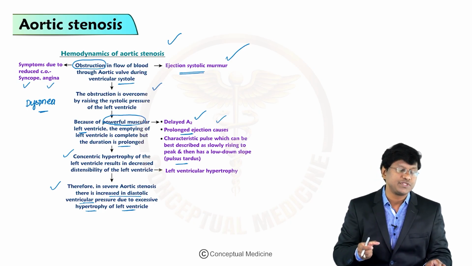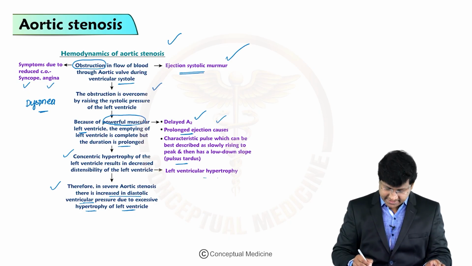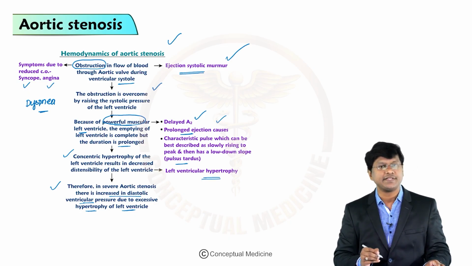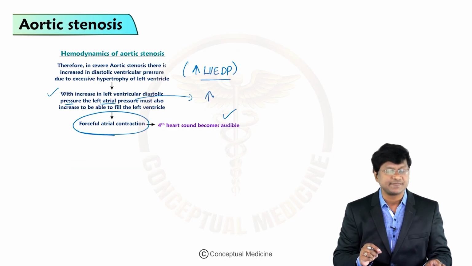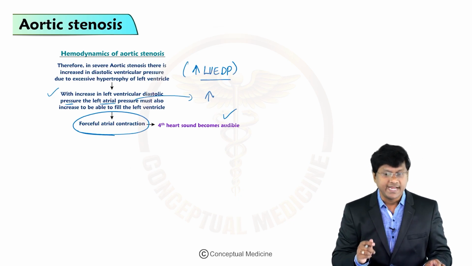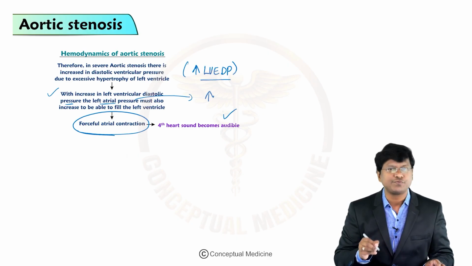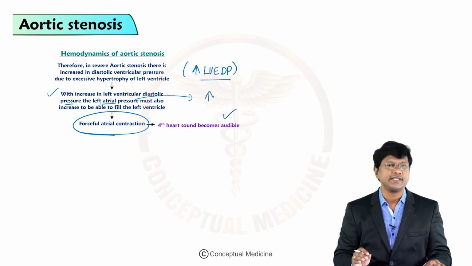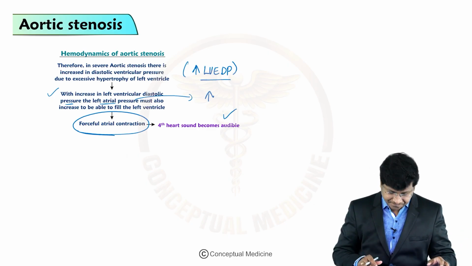The force with which the left ventricle has to contract is more and that will result in left ventricular hypertrophy, that is concentric left ventricular hypertrophy. Then subsequently there will be increase in left ventricular end diastolic pressure, due to which there will be increase in left atrial pressure and there will be forceful left atrial contraction resulting in the fourth heart sound. Okay, so this is about the hemodynamics.